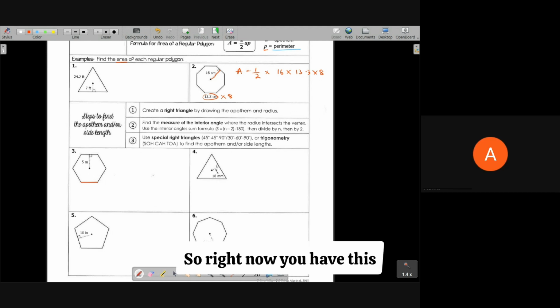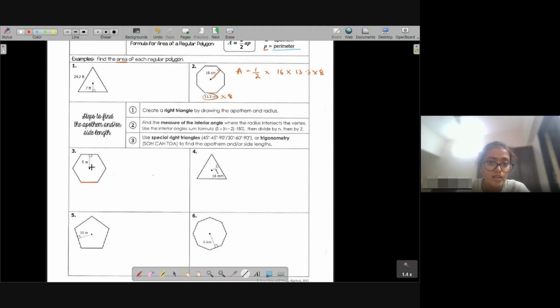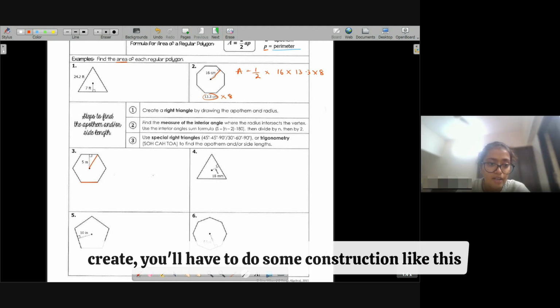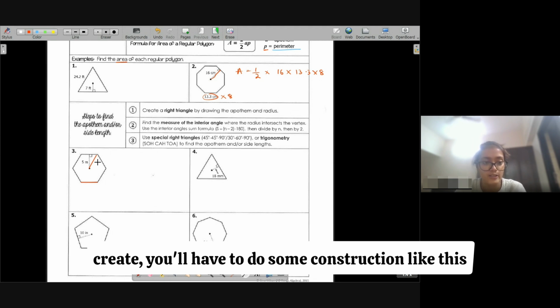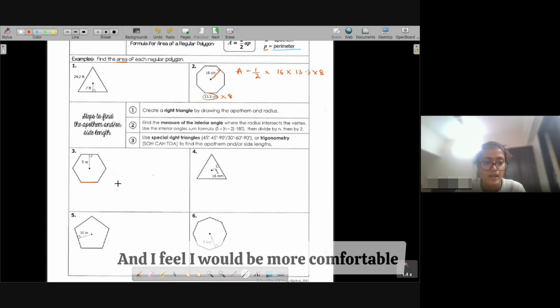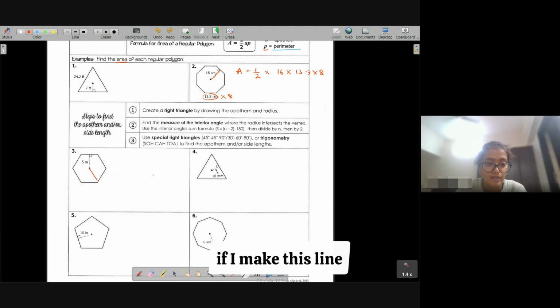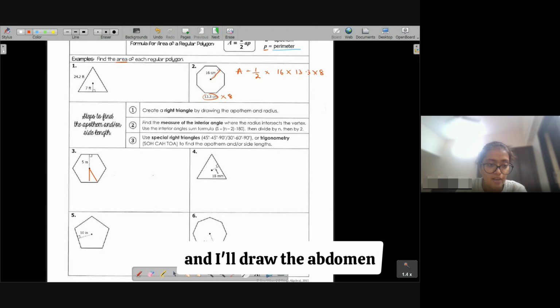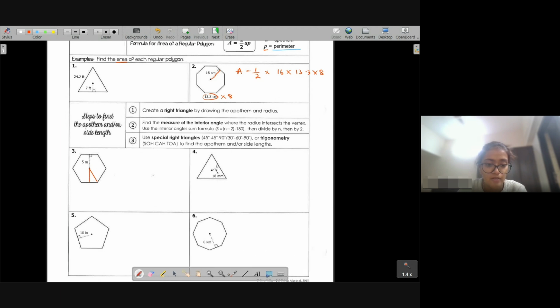So right now you have this. You'll have to do some construction like this. I feel I would be more comfortable if I make this line and draw the apothem here.